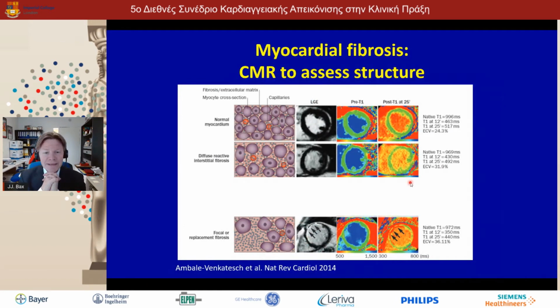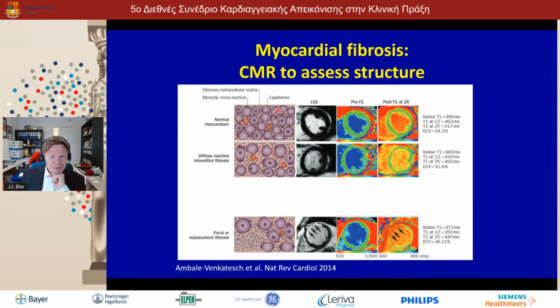So now let's look at what they call T1 mapping with MRI, because so far we spoke about functional assessment with echo. Now we're going to talk about anatomical assessment with MRI. This is the normal myocardium that we discussed before, completely normal. This is the diffuse reactive fibrosis, as we spoke about. You see?